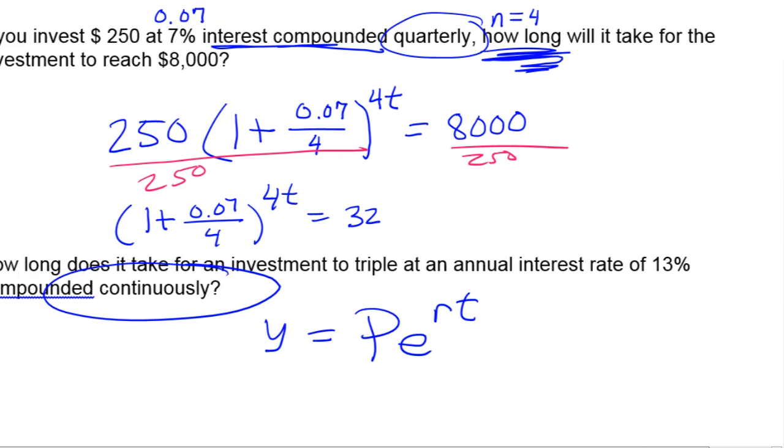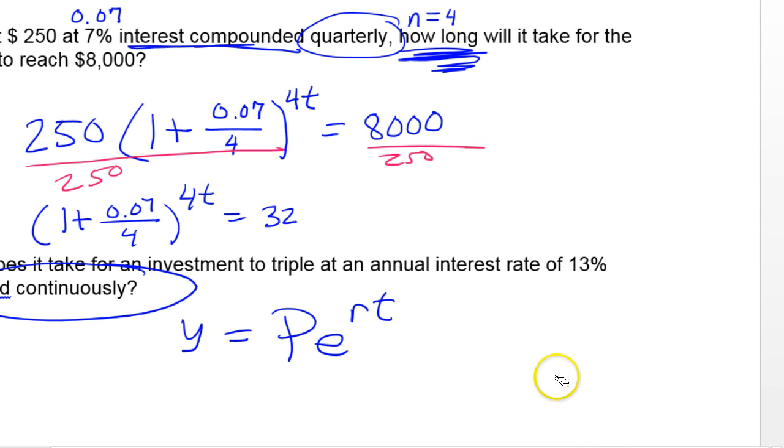So be very careful. It's cumbersome, but you can do it. If I need to rewrite this in log form, obviously I'm going to write log. Now, what is the base for this ugly expression? 1 plus 0.07 divided by 4. Exactly.